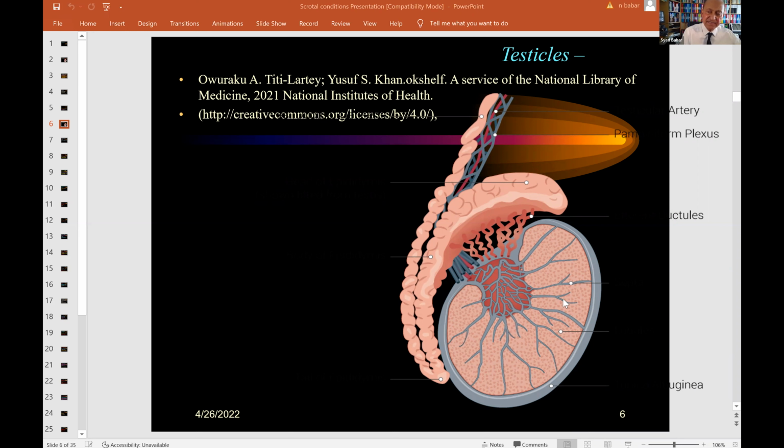So disease of the testicle will affect the epididymis, and disease of the epididymis will affect the ejaculatory duct, and therefore it will affect the lower urological structures such as the prostate and the urinary bladder as well, whether it is infective, inflammatory, or neoplastic.